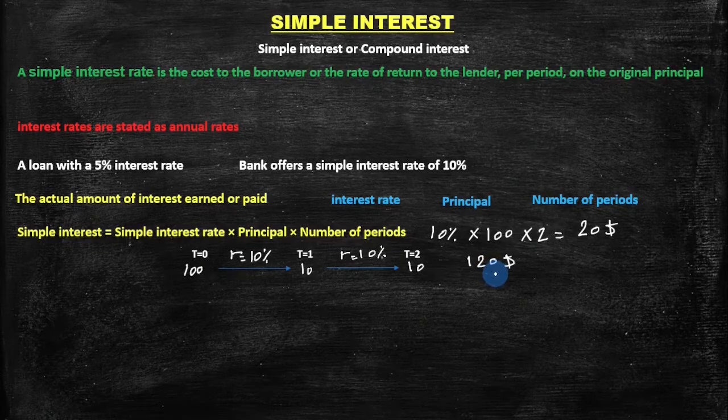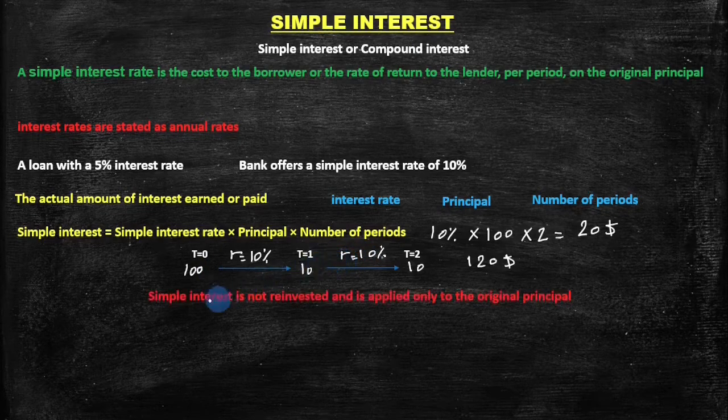Now, one thing I'm pretty sure you've already noticed is that we're not adding this $10 that you're earning in interest to your original and then recalculating it for the second year. And that means that simple interest is not reinvested and is applied only to the original principal.